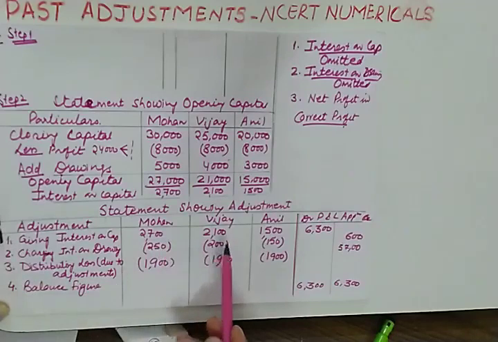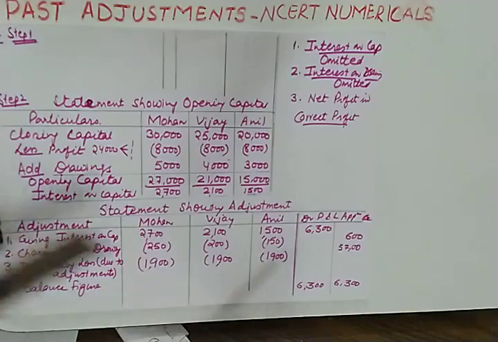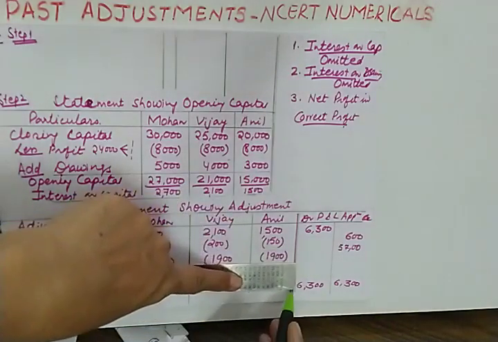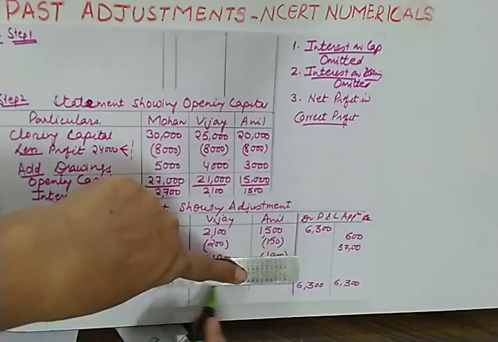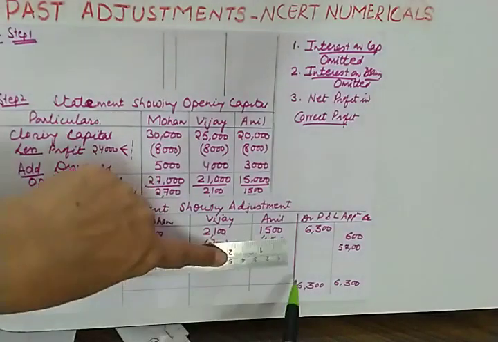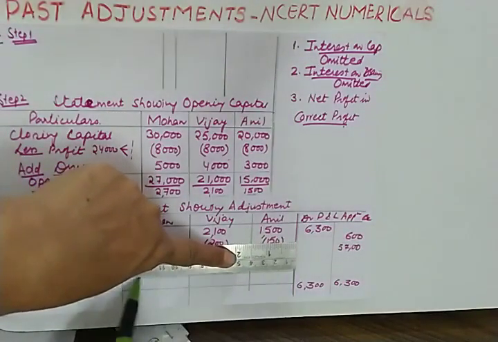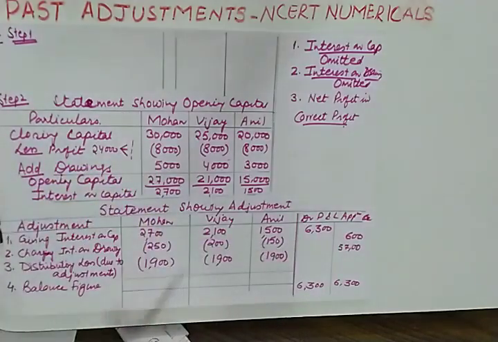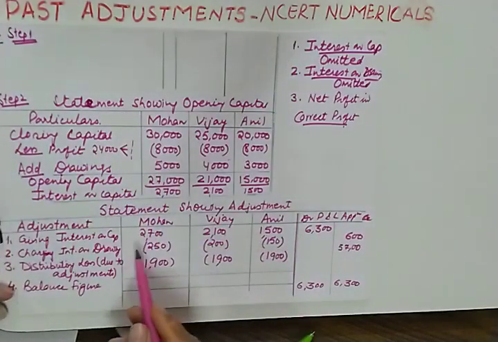You can try this numerical with debit and credit also. This will be credited and these two items will be debited. Likewise, this will be credited, these two items will be debited. And see the results. So what is their balancing figure? How much are you required to take from Mohan?